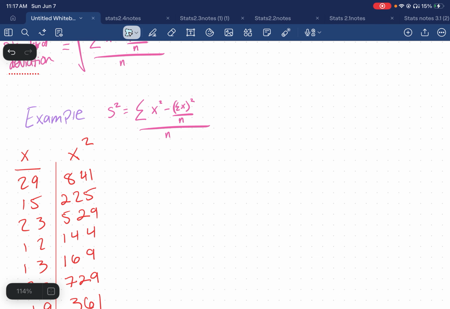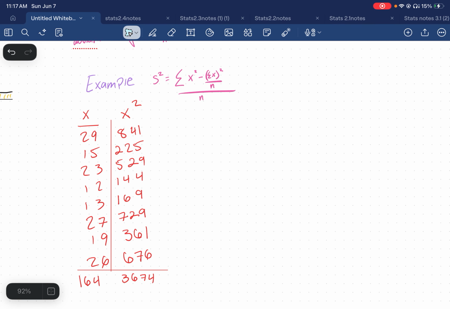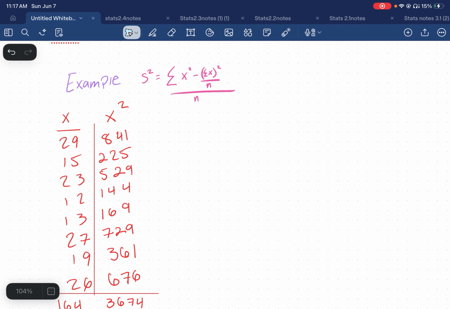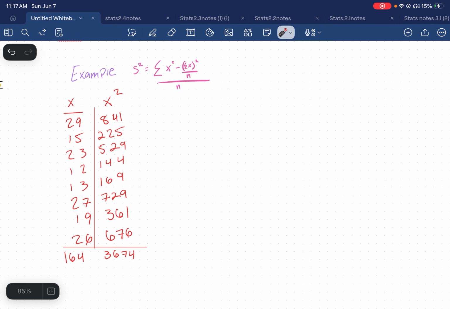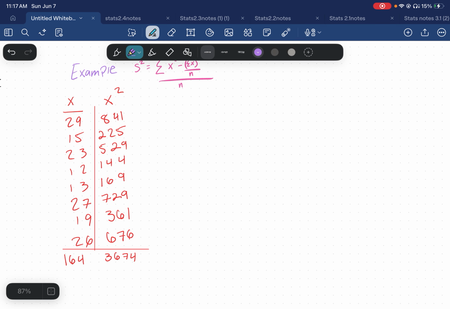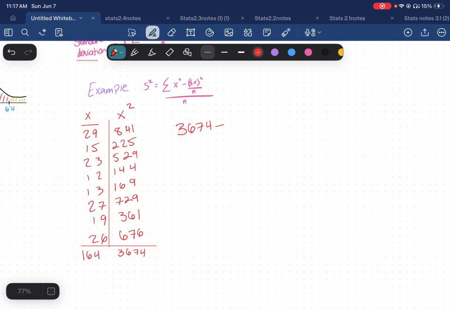All right, and using this formula, I'll just copy it over. So we're going to take the sum of the x's squared. So this part of it, which is this side, because it is all the x squareds added up all together. So we're going to do 3,674 minus all the x's, which is 164, and then we're going to square that.